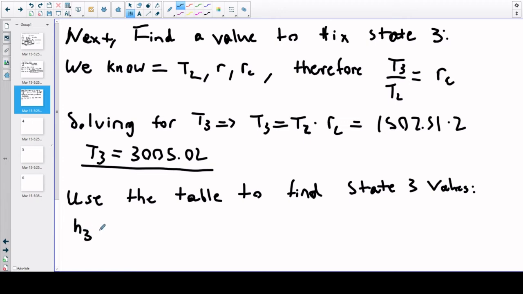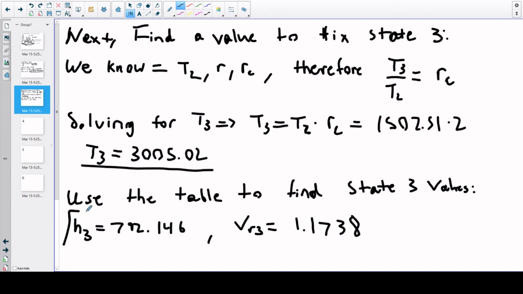And so let's see, H3 comes out to be 792.146. And these are mostly interpolated values. I think I maybe guess on one of them in a future problem, but I'm pretty sure I interpolated every one of these.